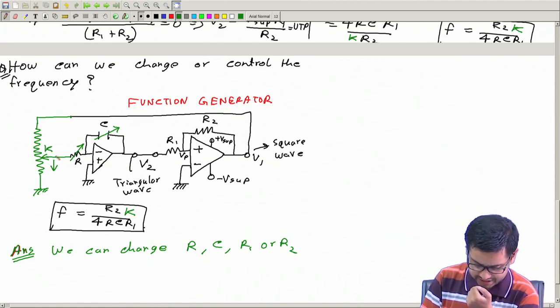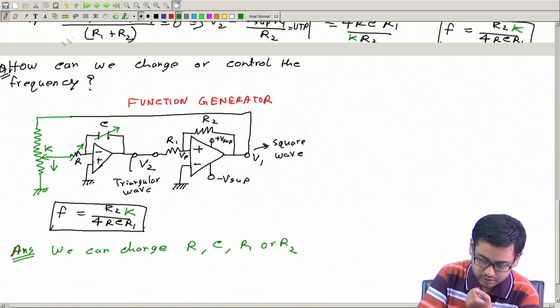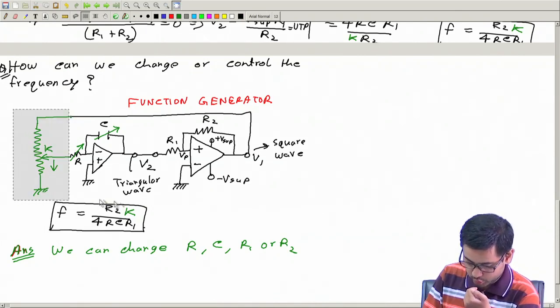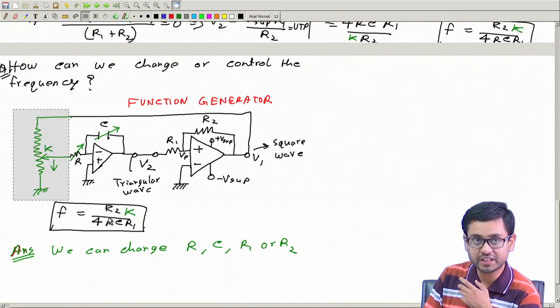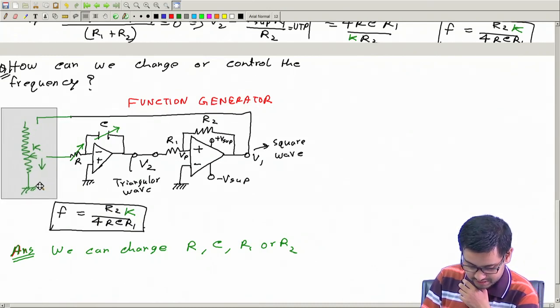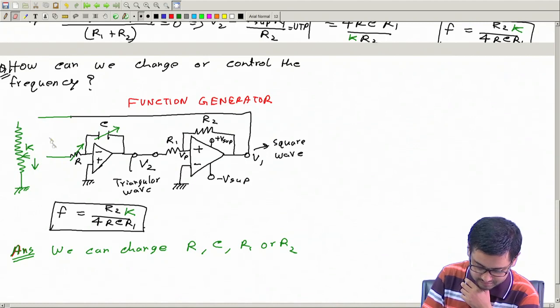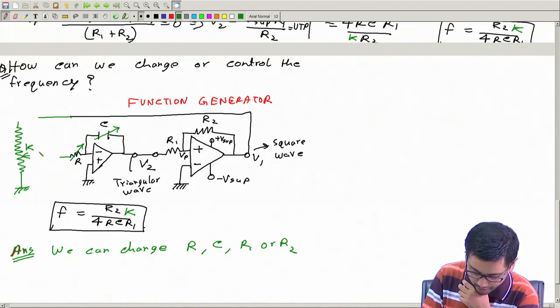And to be more precise, I will also do another small modification to keep this equation perfect. I shall put a small buffer.